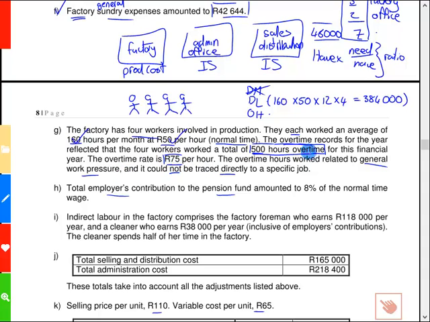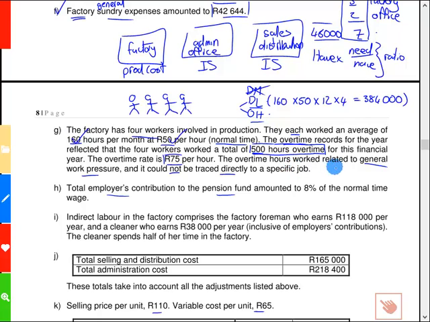Now they're going to give us information to help us decide whether it's direct labor or overheads. If it relates directly to making a finished product, to a specific finished product, then we can include it as part of direct labor. Otherwise, it's going to be part of general overheads.